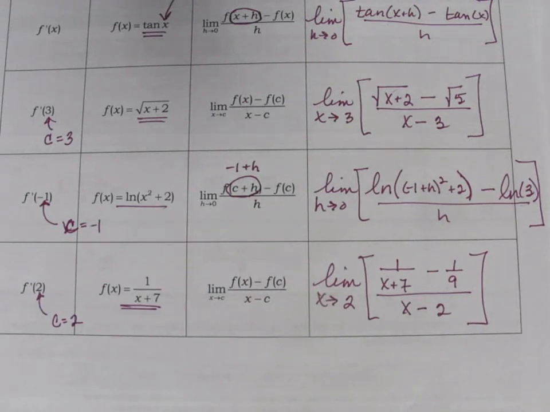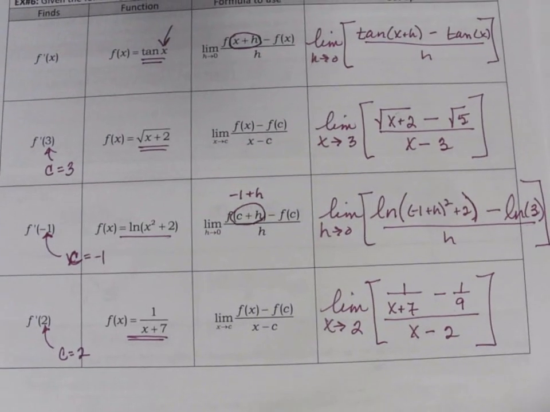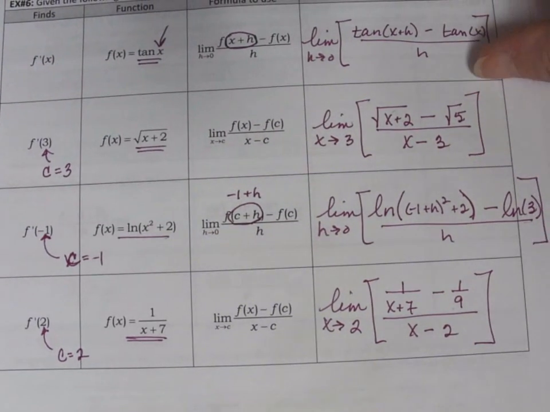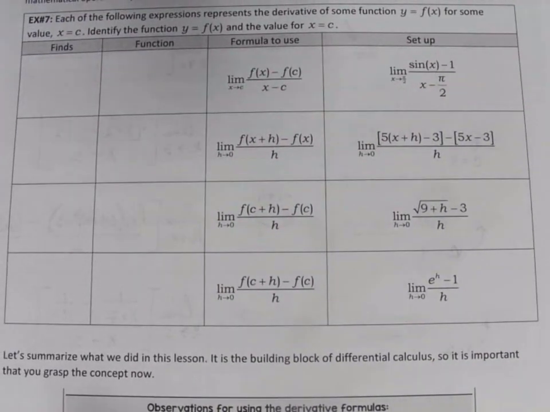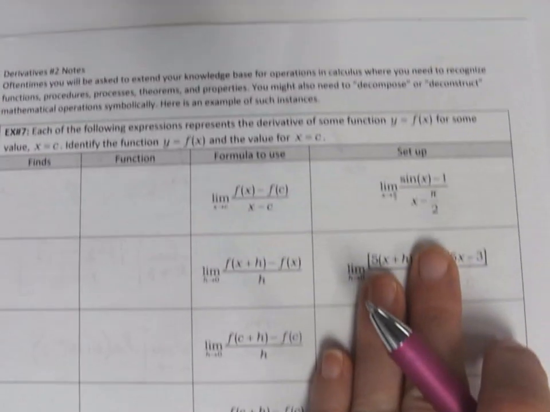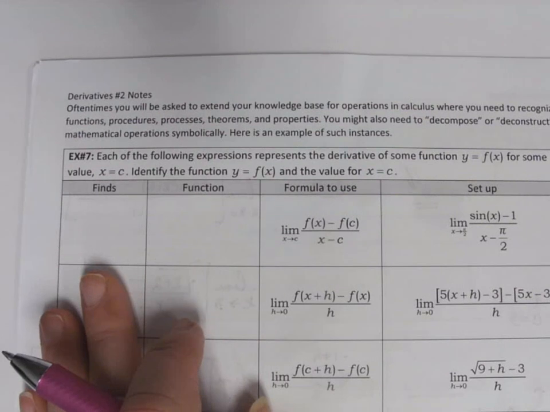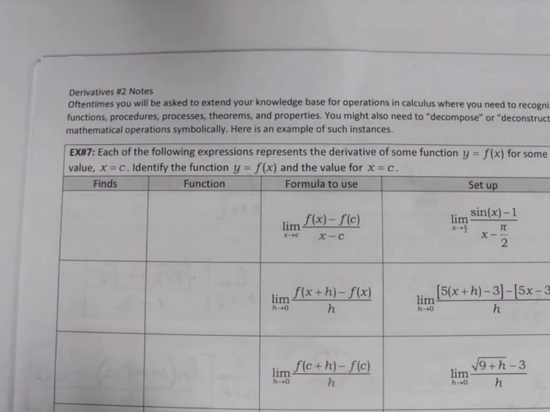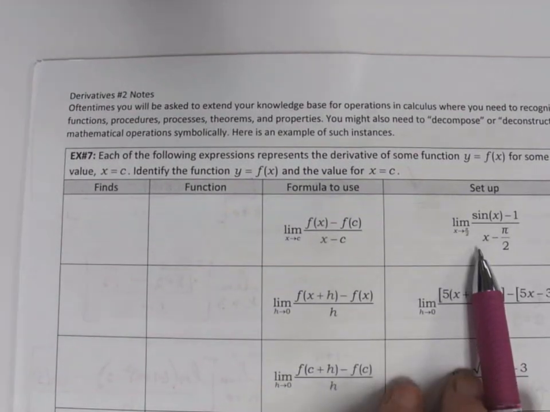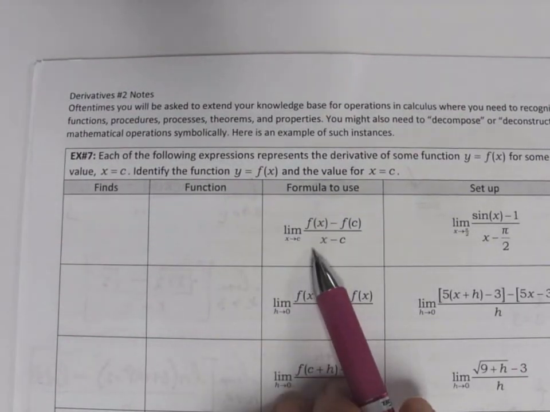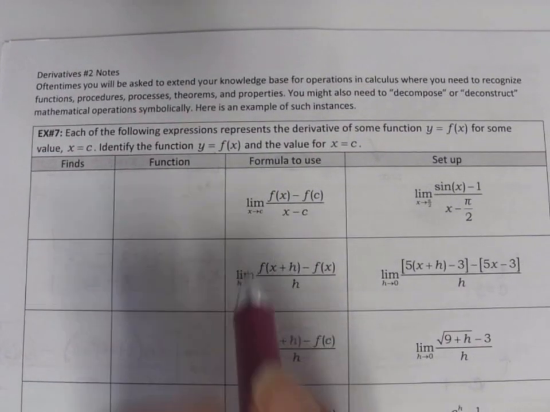Now, on an AP style test, most of the time what you have to do is the reverse. You are going to be given the setup, and you have to identify the function and what it's finding, okay? So if this is the formula that we're using, x goes to c.